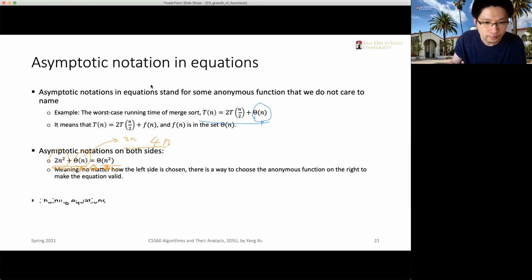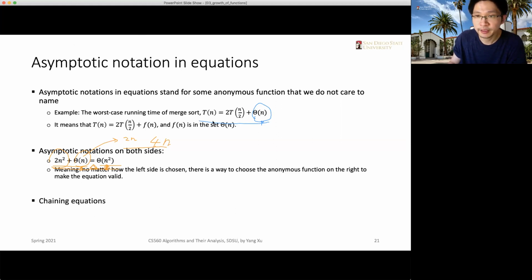So we can represent the left side with some anonymous quadratic function. And that's basically the second usage.